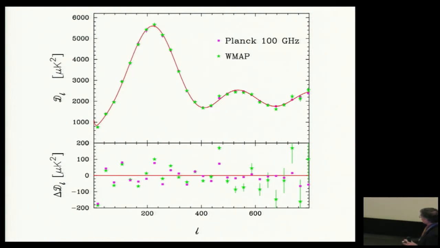You can see these two experiments are tracking these residuals extremely well. And at these low multipoles, this scatter, the difference, is correlating with frequency, because I can do this. This is showing 100 gigahertz. I can do it for 70 gigahertz, 143, 217. The residuals track in amplitude in exactly the way that you would expect from foreground emission. So these experiments are seeing the same thing, apart from a multiplicative scale.